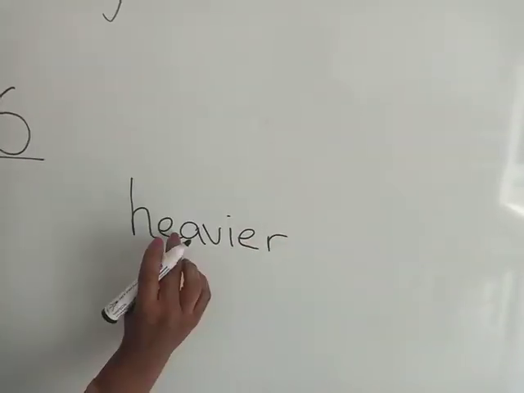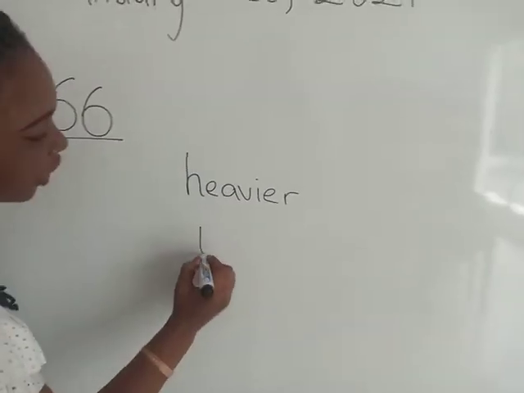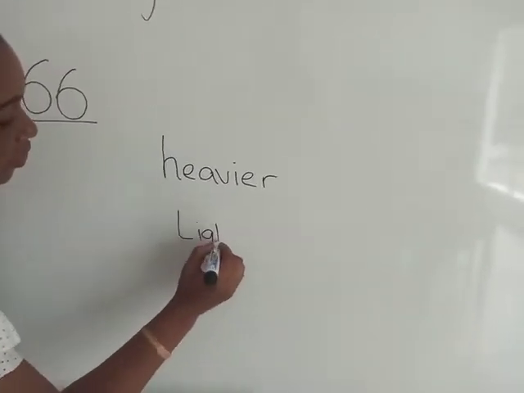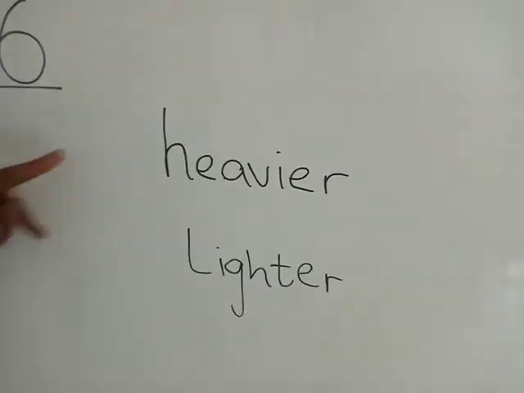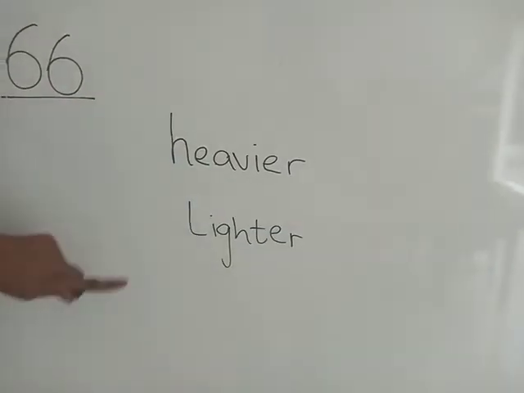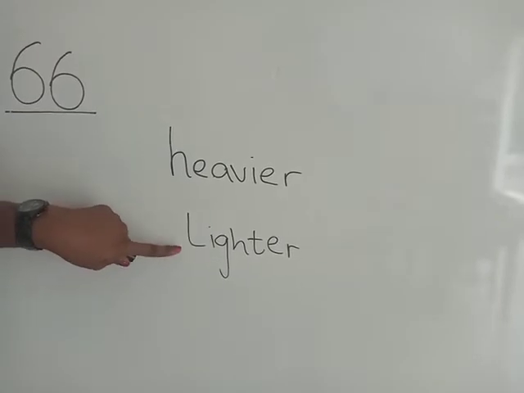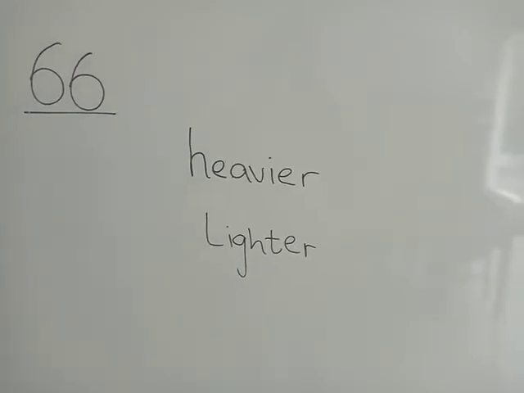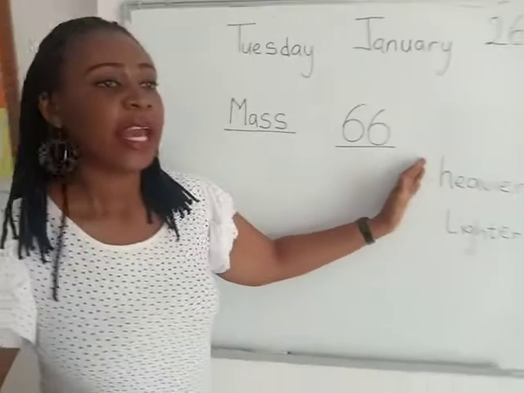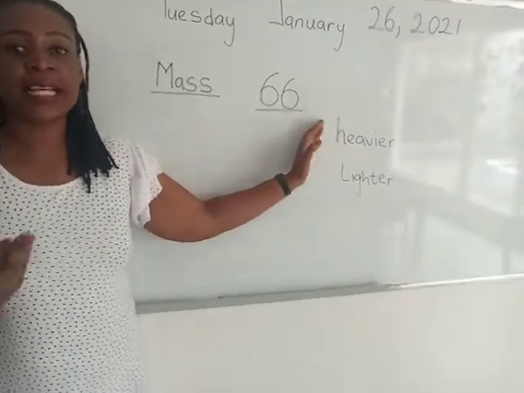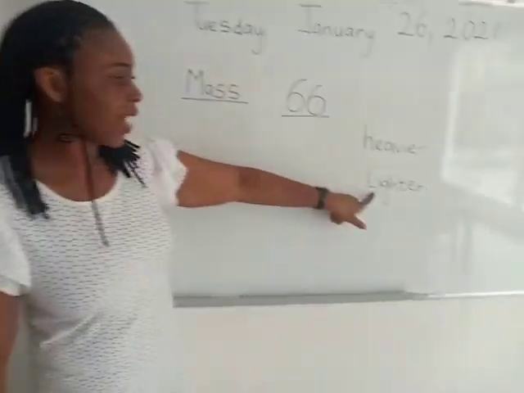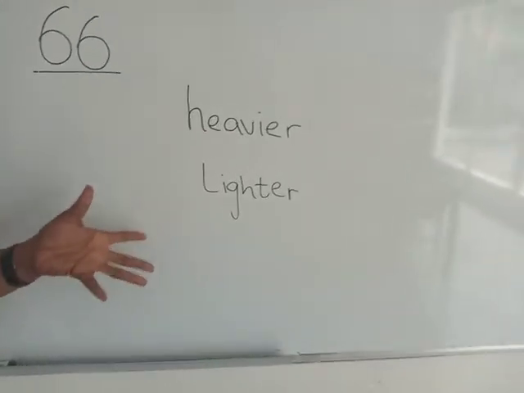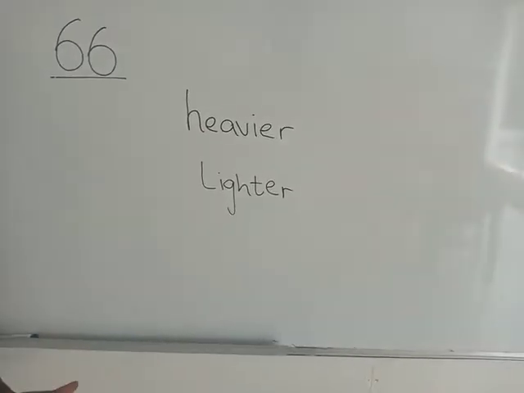And the second word is lighter. When you hear the word heavier, it simply tells you an object that weighs more. And when you hear the word lighter, it talks about an object that weighs lesser.